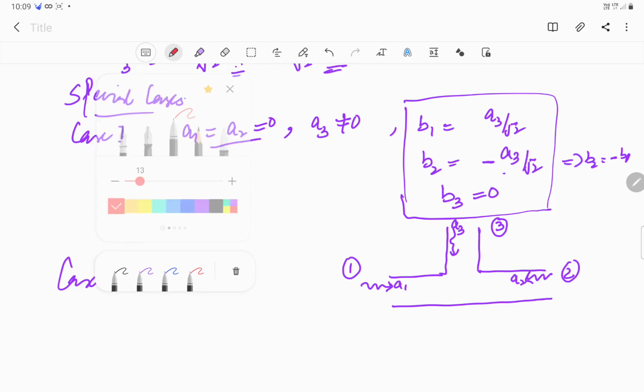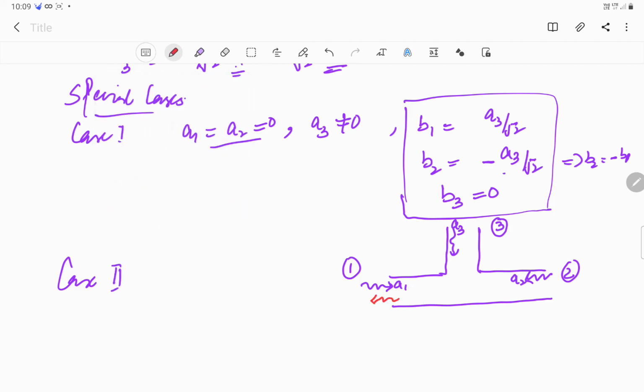Likewise, the reflected waves can be shown in red color as B1, B2, and B3. Now in this case, let us assume that A1 is equal to A2 is equal to A, and A3 is equal to 0.